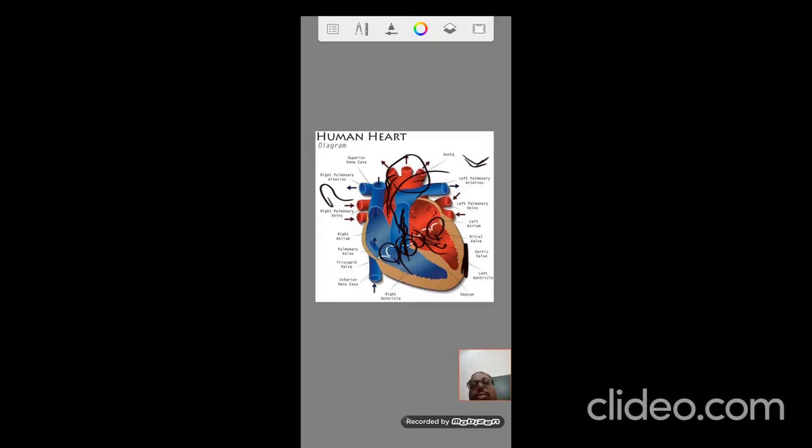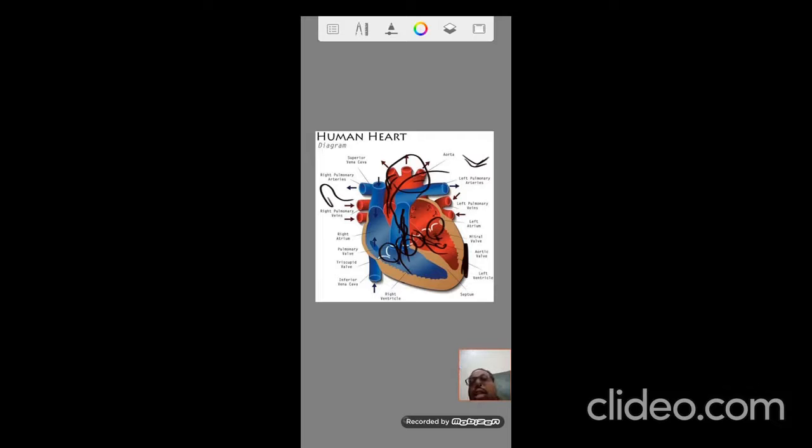Because when the heart is pumping, that pressure has to be maintained for some time. For that, this particular valve should be big in size. As the blood goes to the different parts of the body, the size of the vessel gets reduced and reduced, then it enters into the tissues. This is the basic structure of the human heart.